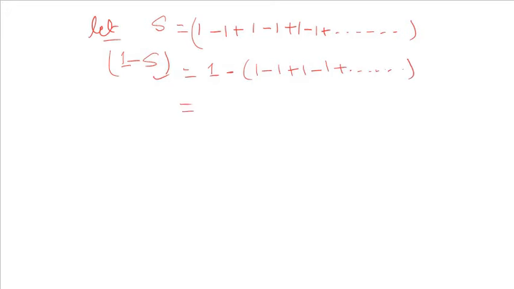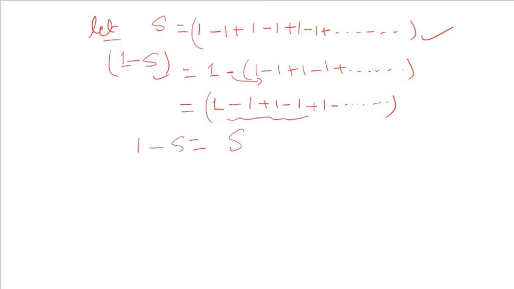The signs change: minus minus becomes plus, minus plus becomes minus, and so on. Here you observe that the series is the same as the one we considered previously, which equals s. So with 1 minus s, it becomes 1 equals 2s.